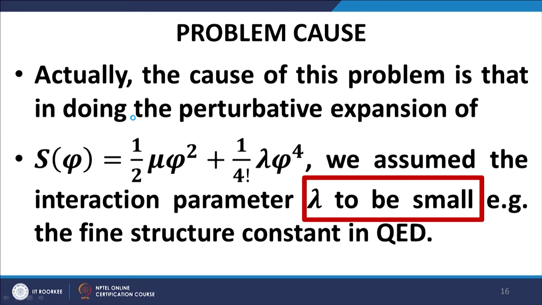We expanded the second term, the exponential of lambda phi 4 over 4 factorial, as a summation series while retaining the exponential in the first term. That was on the premise that lambda was small, and therefore we could do an expansion in powers of lambda.